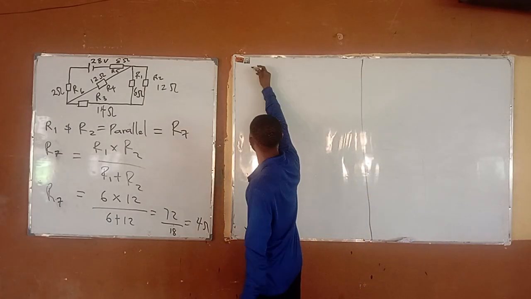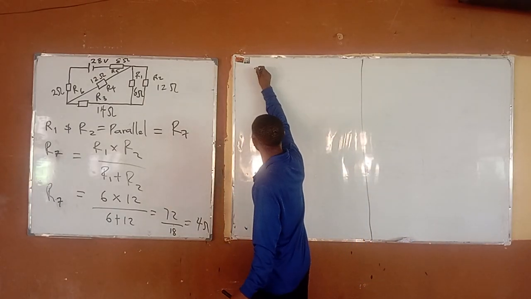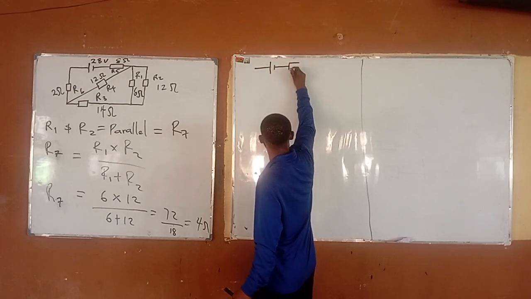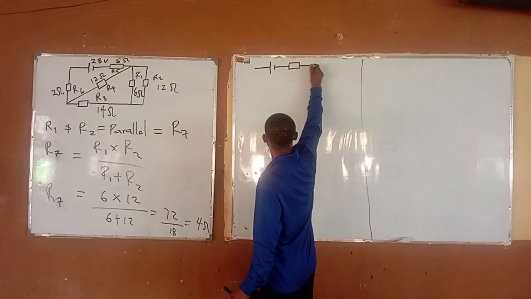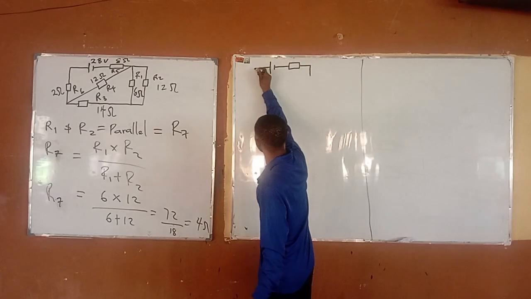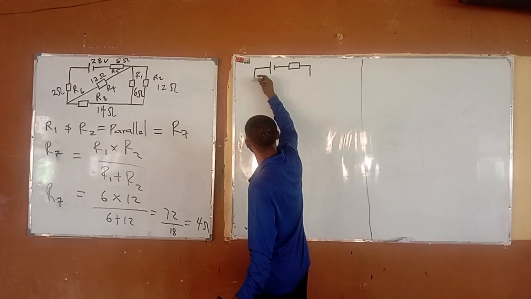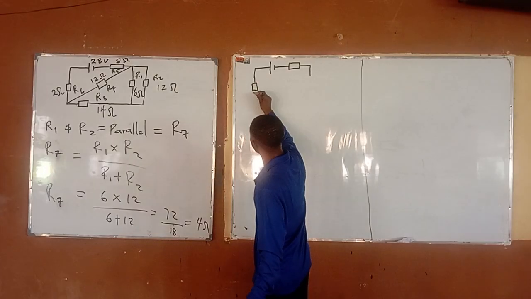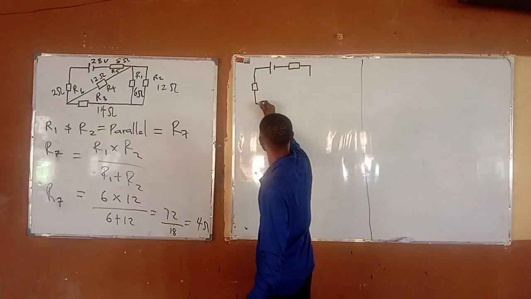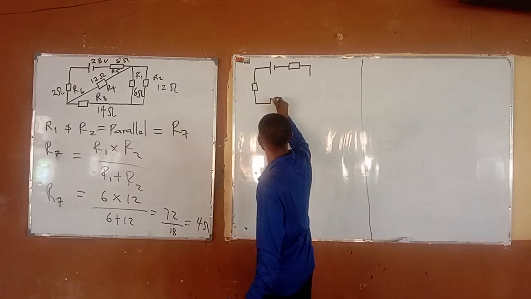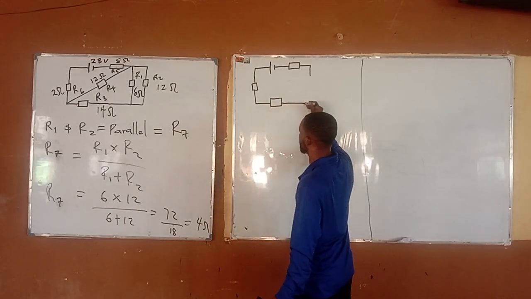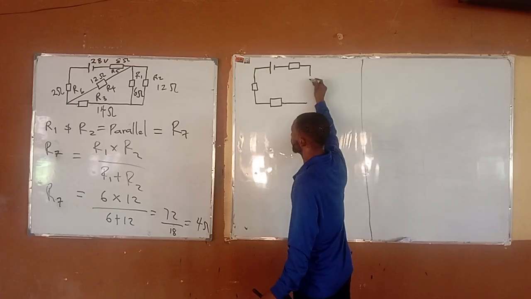So I will redraw this circuit now. Now this circuit becomes, however you draw it, whether they're in the same line, it doesn't matter, but just make sure you're putting it where it should be.